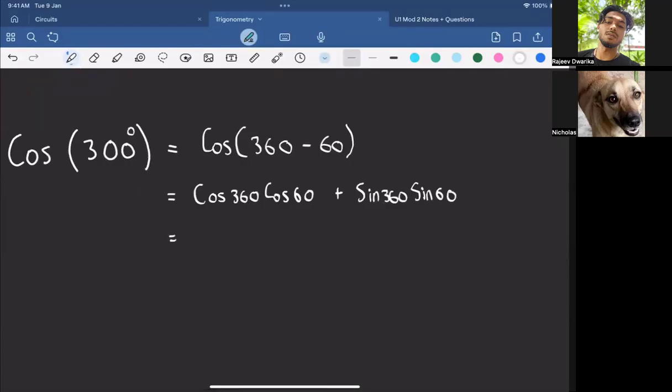What is cos 360? Cos 360 is 1. What is cos 60? Cos 60 is a half. Sine 360 is 0.